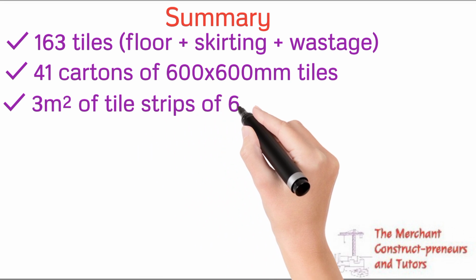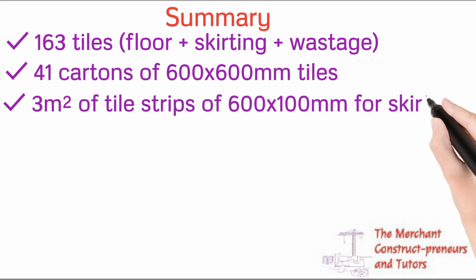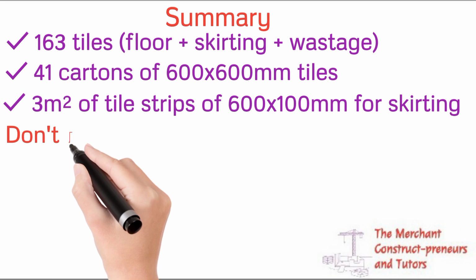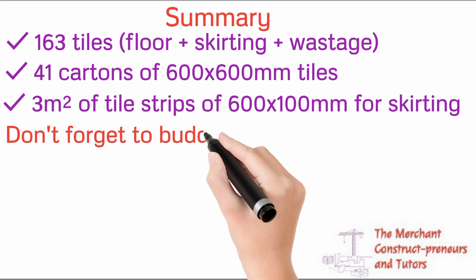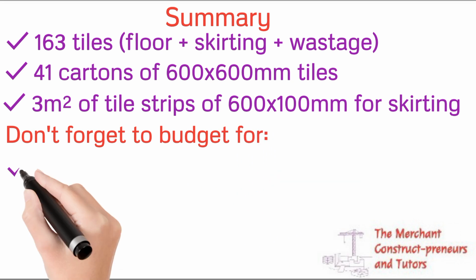Then 3 square meter of tile strips of 600 by 100 mm for the skirting will be needed, right? We said we needed 47 or 48 tile strips, but now the 3 square meter we are going to cut into the size 600 by 100 mm to be able to account for that.